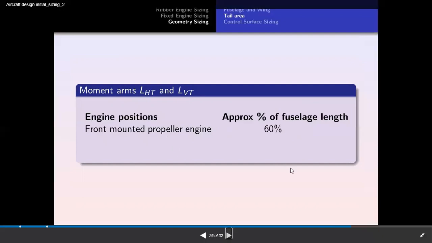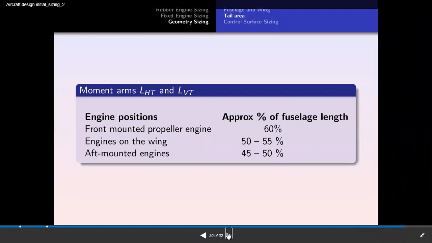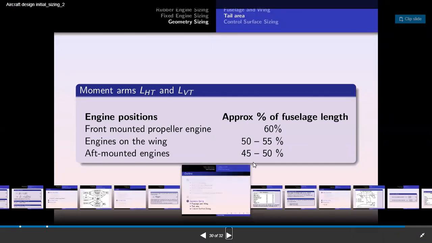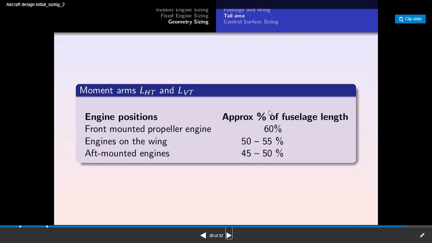For a front-mounted propeller engine, it's approximately 60% of the fuselage length. For engines on the wing, it's around 50 to 55% of the fuselage length. And for aft-mounted engines, we have 45 to 50%. This is where we need to position our engine.